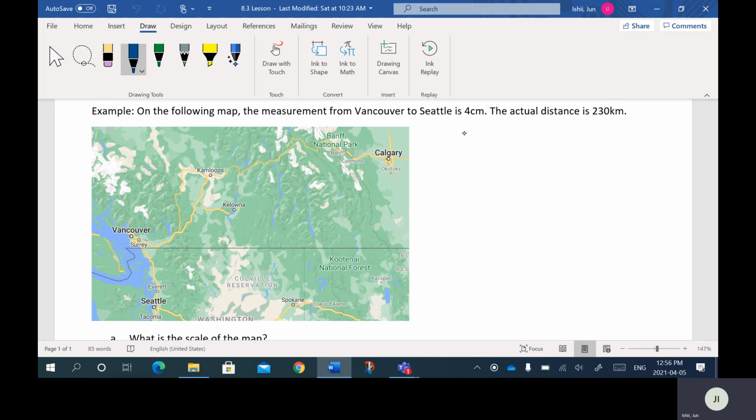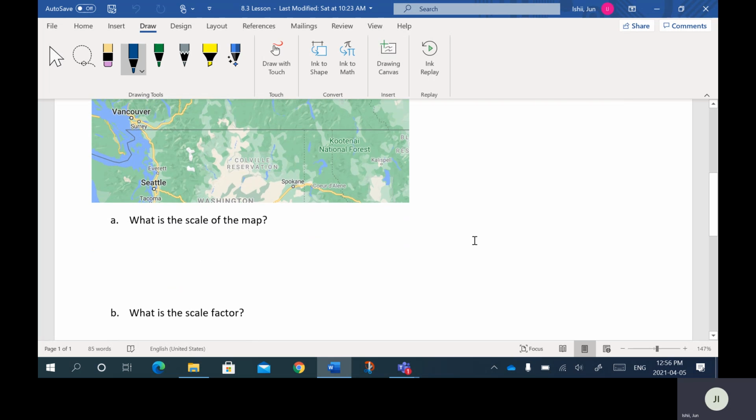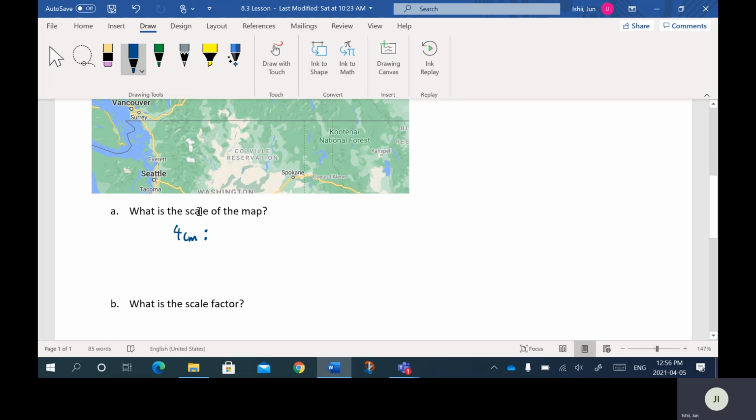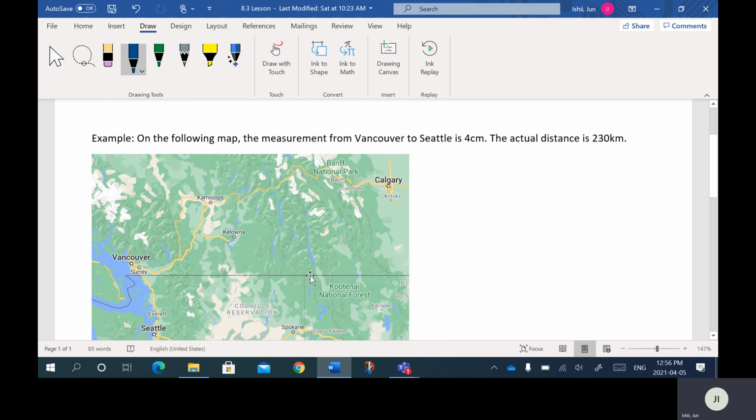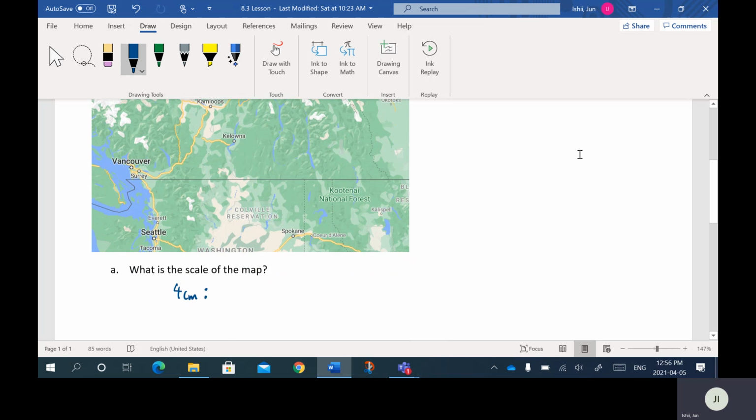The scale of the map: 4 centimeters is equivalent to, and usually they write it as a ratio. So every 4 centimeters on this map is equivalent to 230 kilometers.